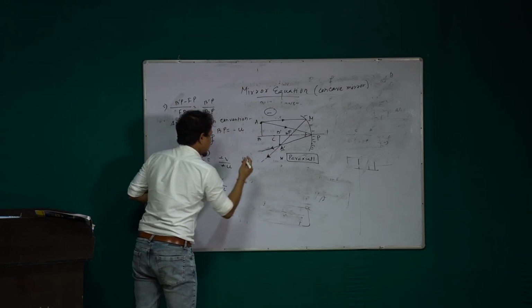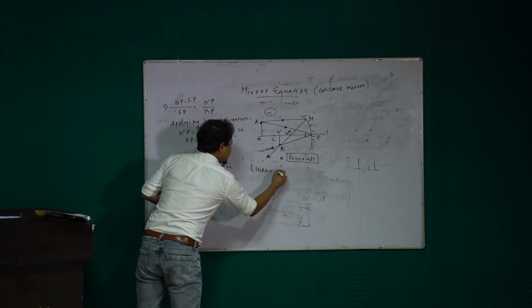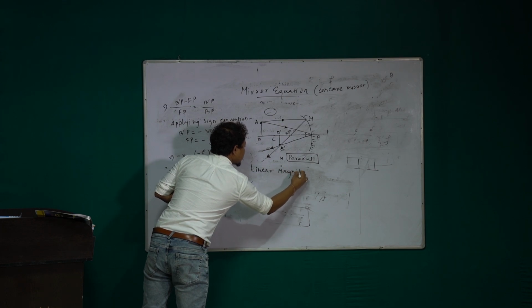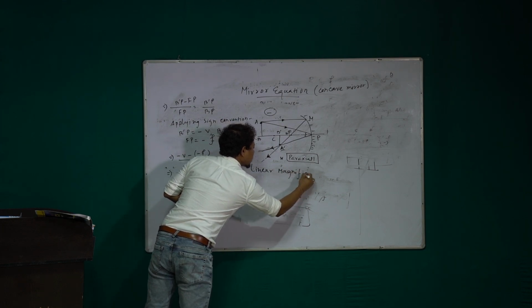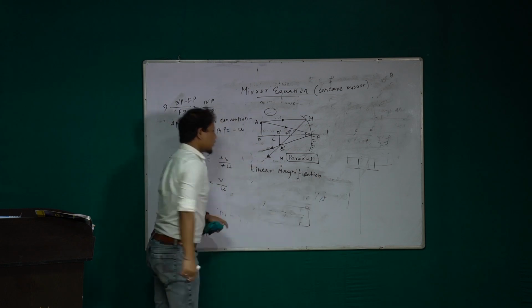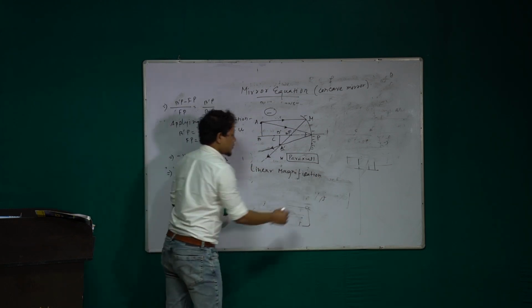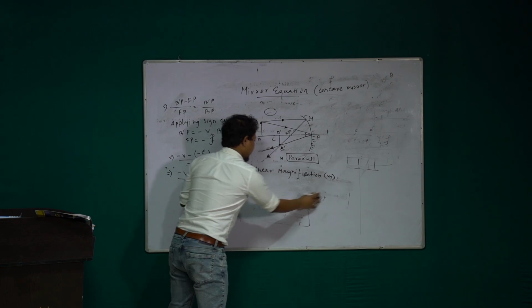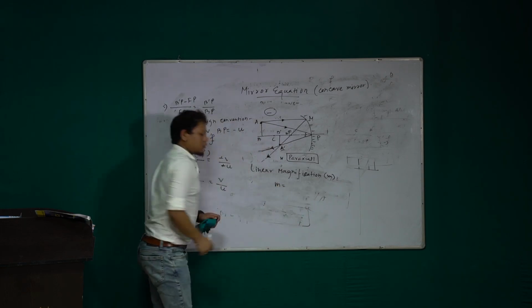So I'm writing here: linear magnification. In our book, it is denoted by small m. I'm not going to write the definition.